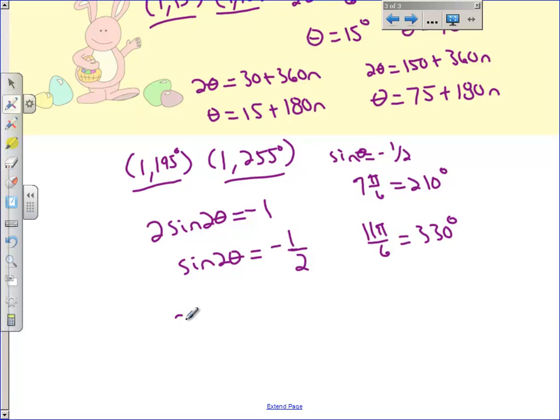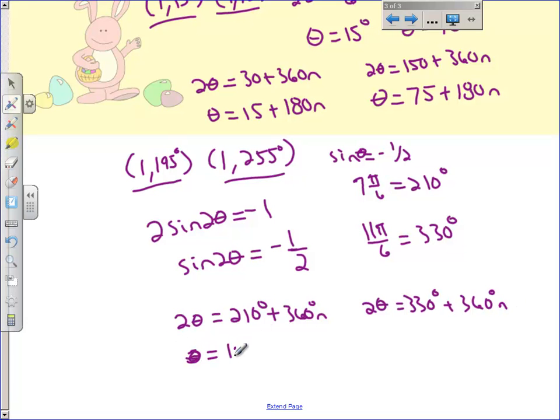So I have to set 2 theta equal to 210 degrees, and I'm going to go ahead and do the general solution, plus 360n. And also 2 theta has to equal 330 degrees, plus 360n. I'm going to divide everything by 2, and I'll get that theta equals 105 degrees plus 180n, and theta equals 165 degrees plus 180n.